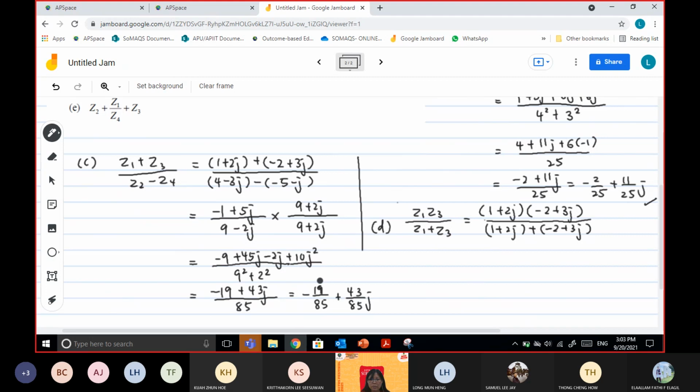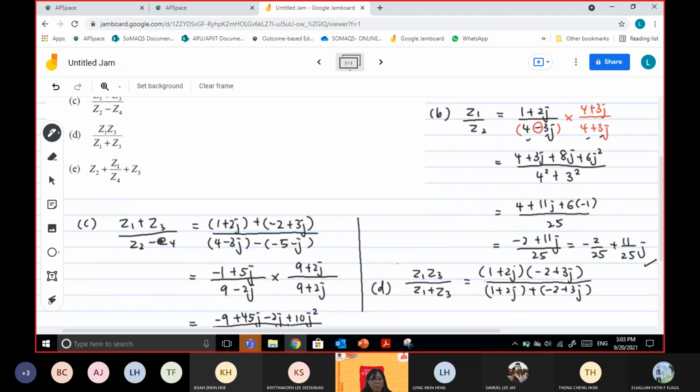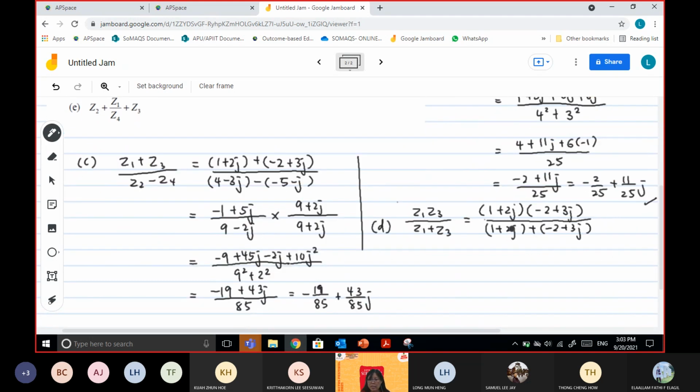Just now we already have Z1 plus Z3 from the earlier part, so I take it from there: minus 1 plus 5j for the bottom. Then the top, we need to expand it.